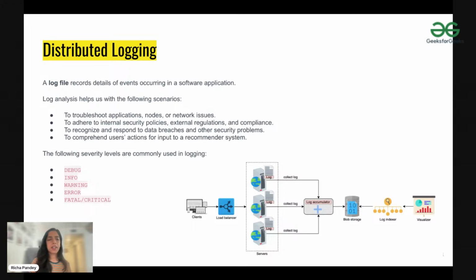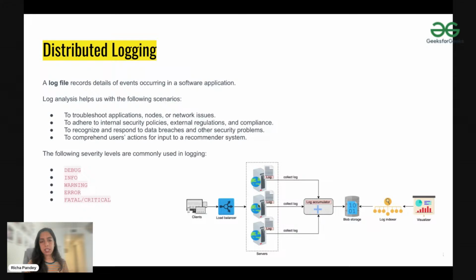Then there are error and critical logs. If the API is down altogether, once you call the API, an error log will say that the API is down and the request is not able to get through. Essentially, all of these logs are stored in a server.